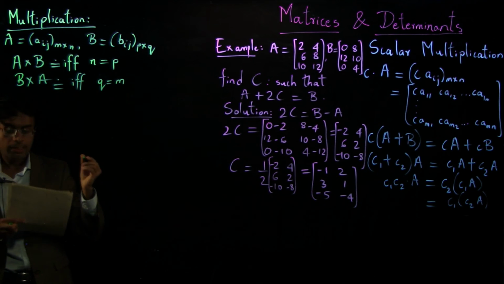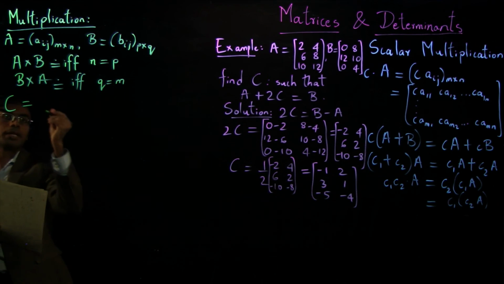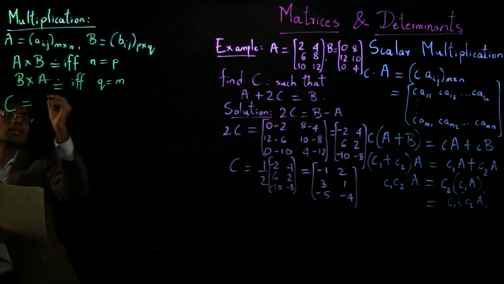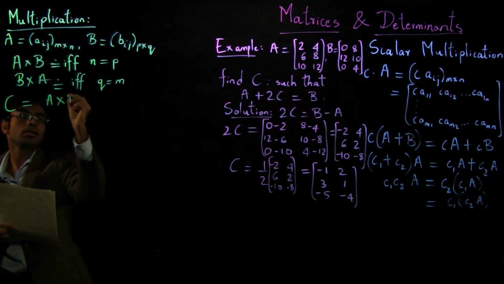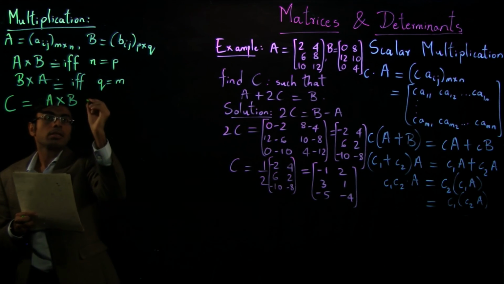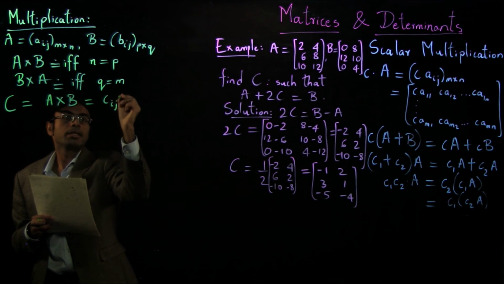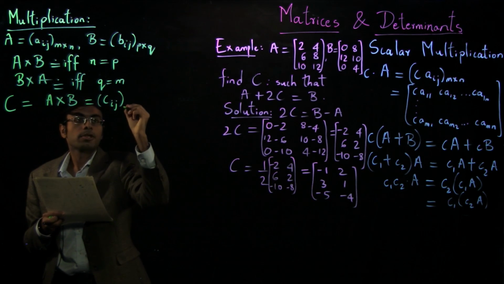And how do you find that? So let's say the new matrix that you are trying to compute, C equals A times B, is a new matrix Cij, m cross p.